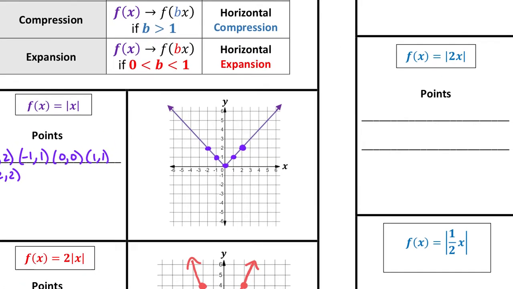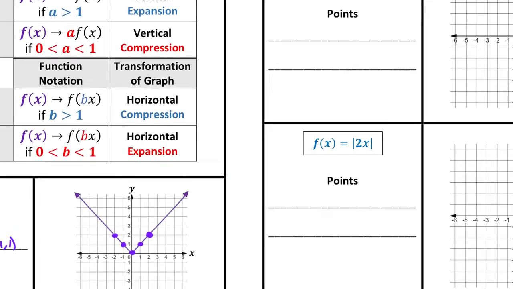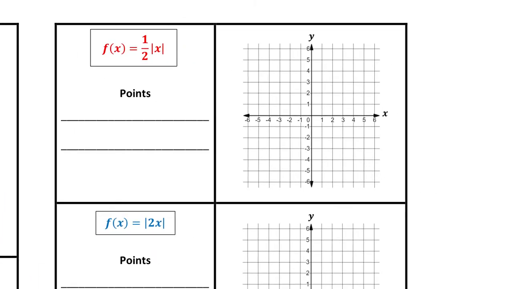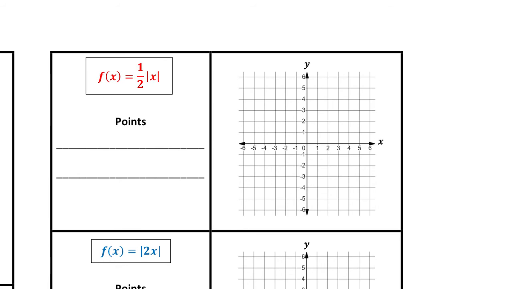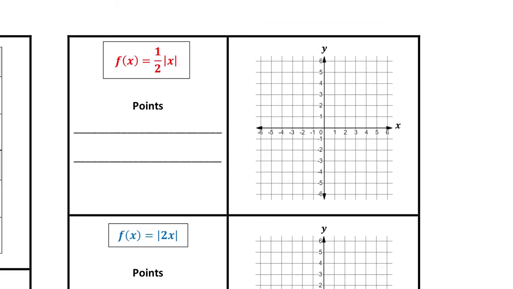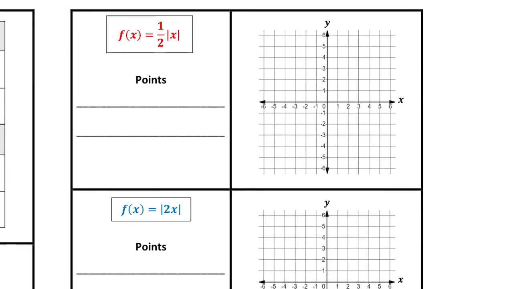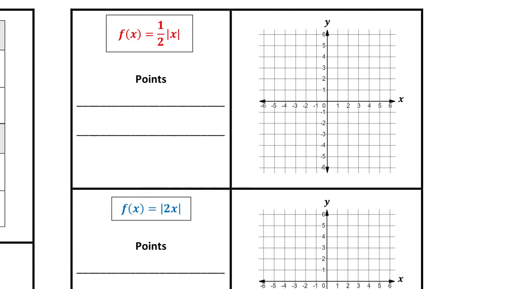Okay, so let's go to the next one. We're going to do this plugging in game again. We're going to use the same x values as before. So let's start with negative 2. If I plug in negative 2, the absolute value of a negative 2 is positive 2.